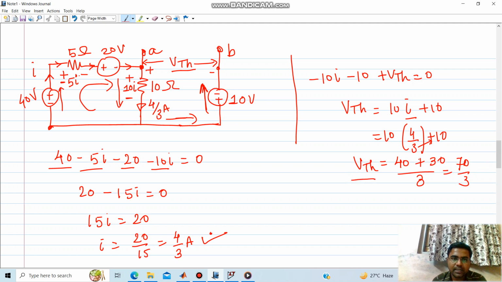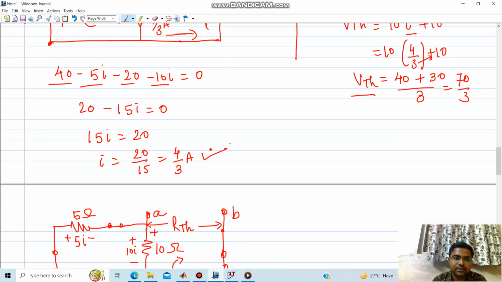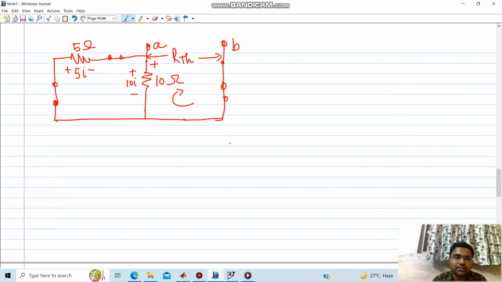Now the second part we are left with is R Thevenin. In order to find R Thevenin, we simply replace all the voltage sources with shorts. If you recall, firstly we had a 40 volt source here, then 20 volt over here, and 10 volt over here. So I simply shorted all those voltage sources, and then the equivalent circuit looks like this.